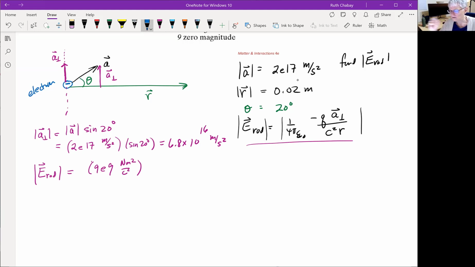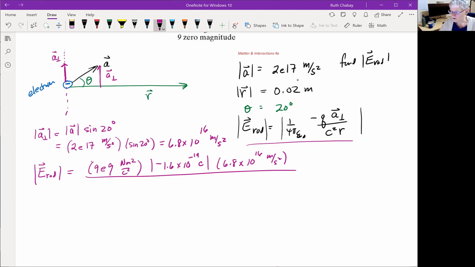So the charge of an electron is going to be minus 1.6 times 10 to the minus 19th coulombs, but we're just looking at magnitudes here, so we'll take an absolute value of 1.6 times 10 to the minus 19 coulombs, times the magnitude of A perpendicular, which is 6.8 times 10 to the 16 meters per second squared.